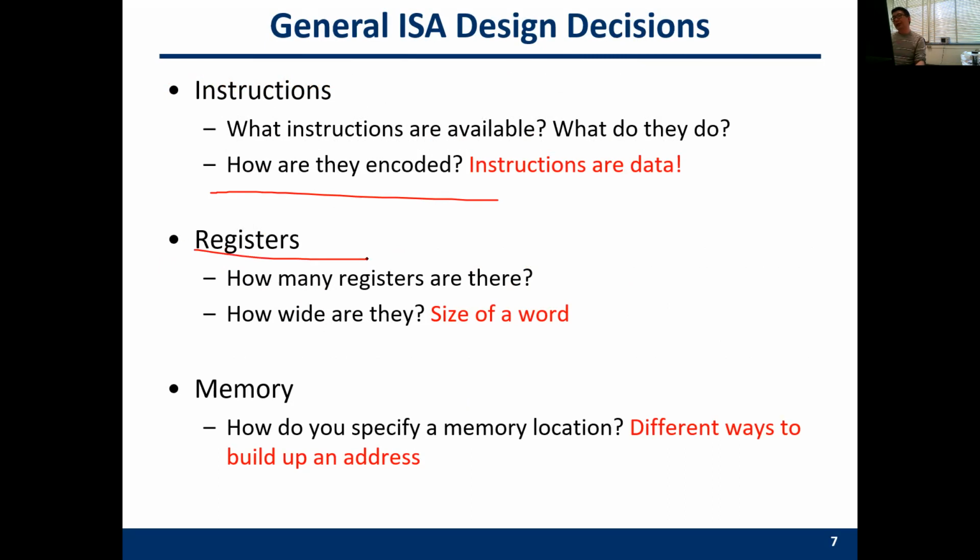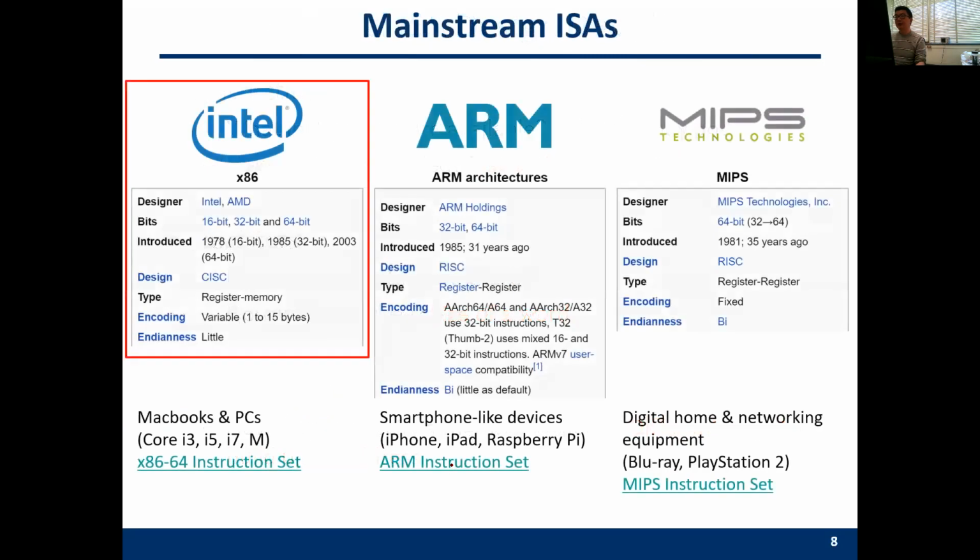The registers can help the ALU to temporarily store some intermediate results. And then we have more data in the memory, in the DRAM. So somehow we need a different method to address, to index each memory object.